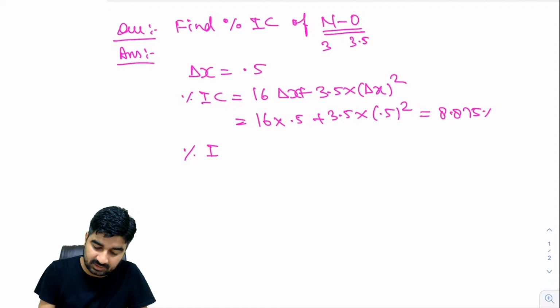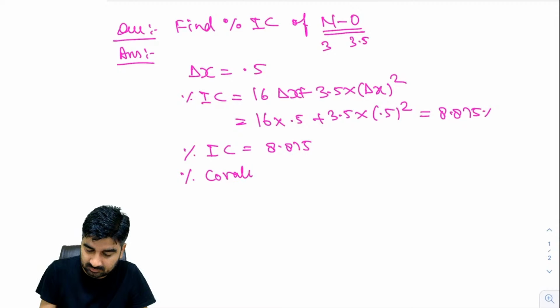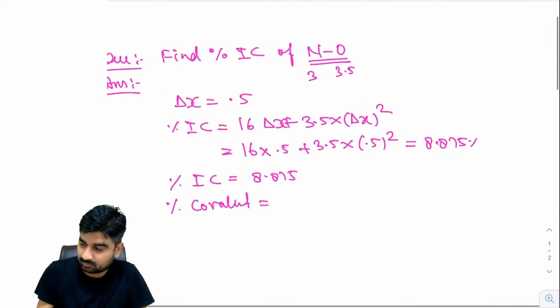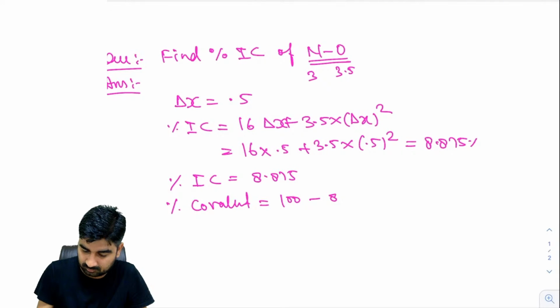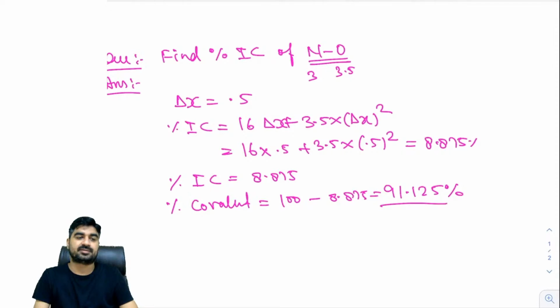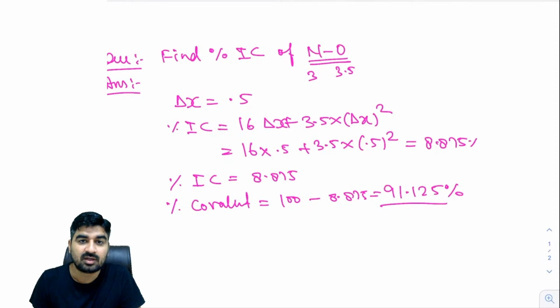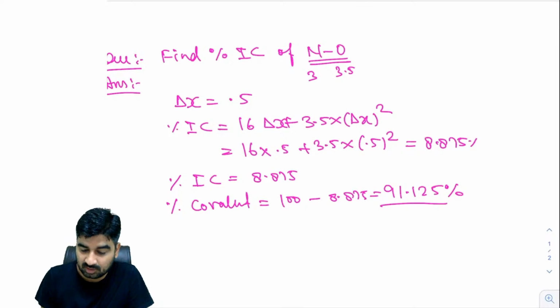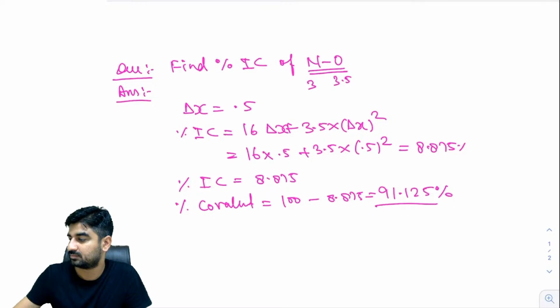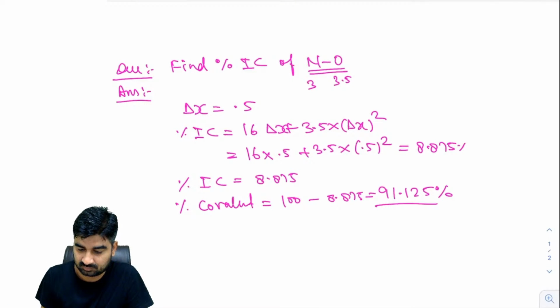It means percentage ionic character will be this, and percentage covalent the rest. I hope you got it. So now you know the percentage ionic character of NO.